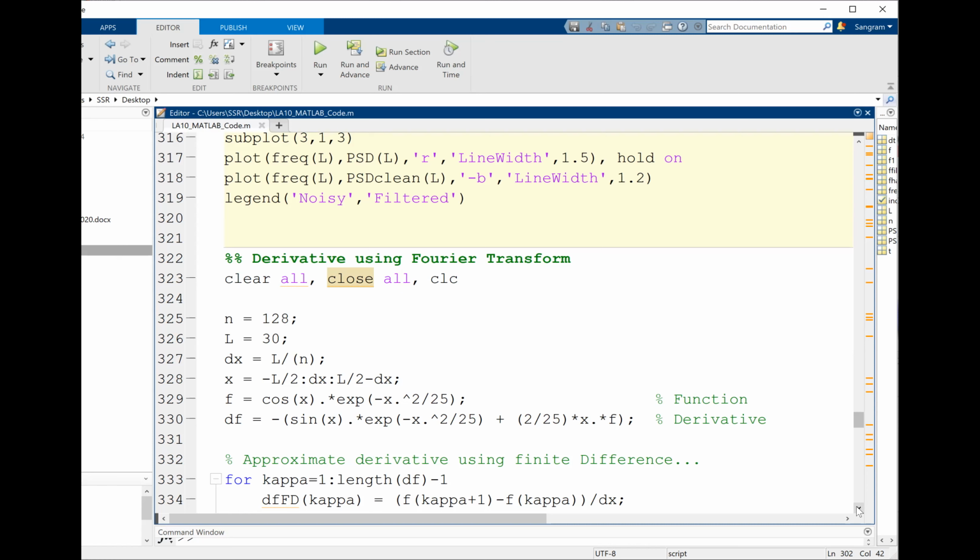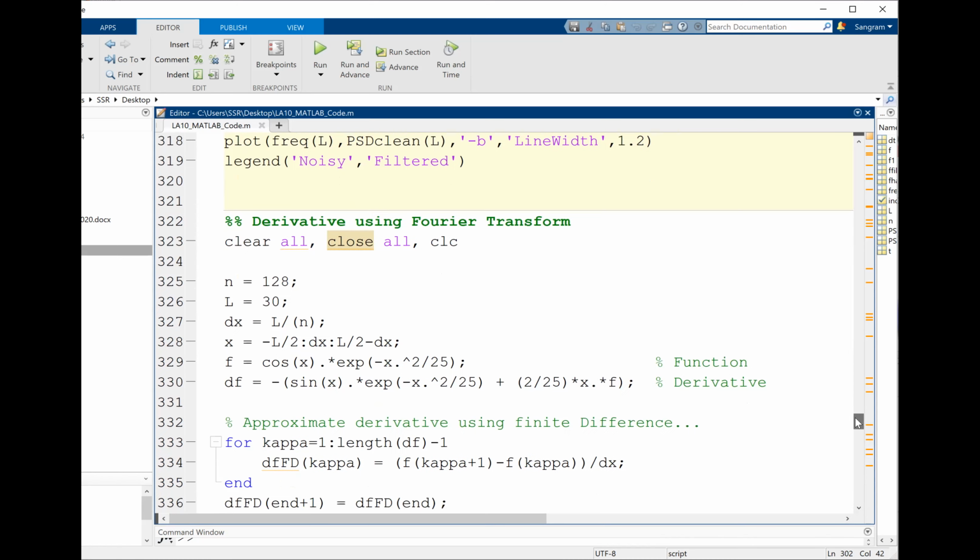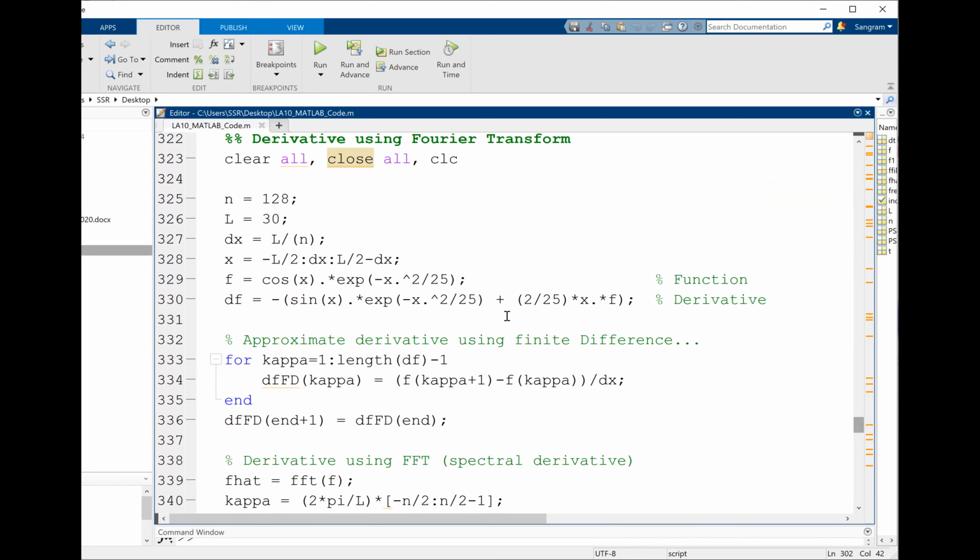No, right? I didn't know. But that is how it is actually done in lots and lots of computer applications. So you can either use a finite difference. So this code, and the derivative that is found using Fourier transform, is called the spectral derivative.